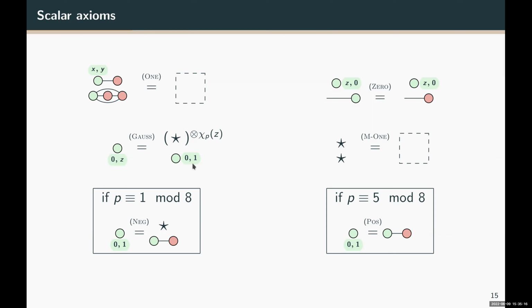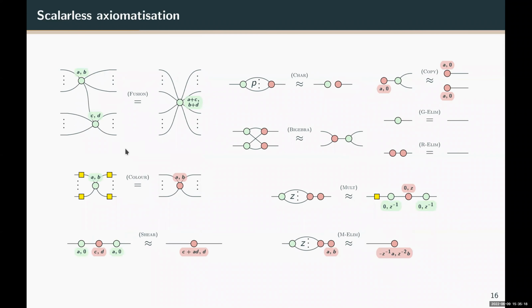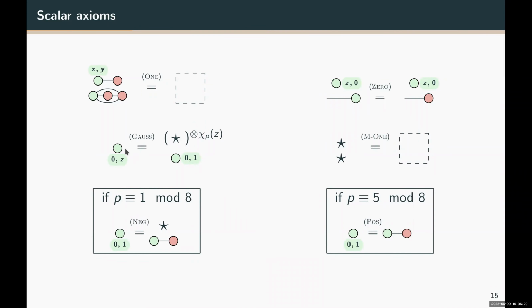In effect, this rule here, the Gauss rule, is the reason why we chose to have this 2 to the minus 1 in the phases, because it allows for this cleaner rule where we can write one rule for all non-zero values of z. If we don't have this, it gets a little bit more tricky and we have to do more subcases.